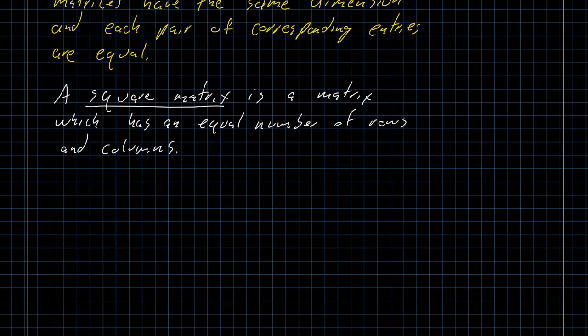A square matrix is a matrix which has an equal number of rows and columns. Typically, we're going to talk about a square matrix being an n by n matrix.